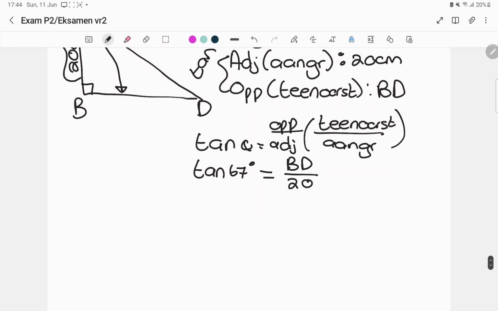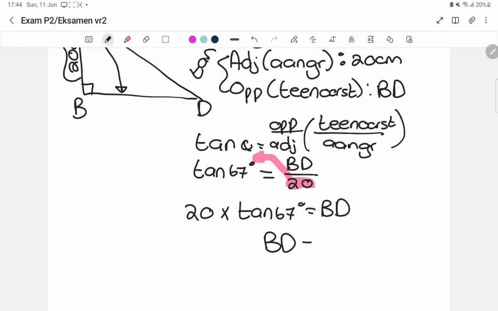Alright, so to get BD alone, I have to take this 20 over, and if I take it over, it becomes 20 times tan 67 equals BD. So BD is in actual fact equal to 47,12 centimeters.